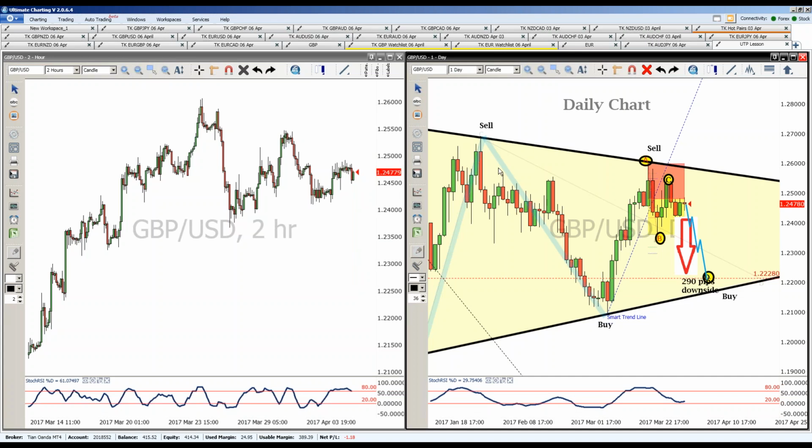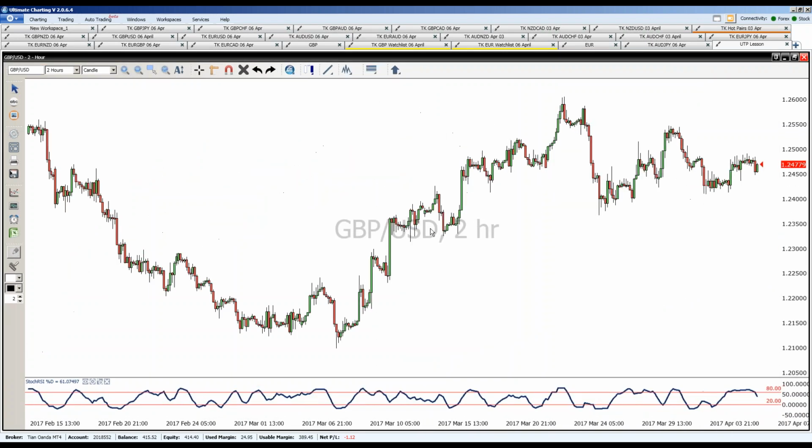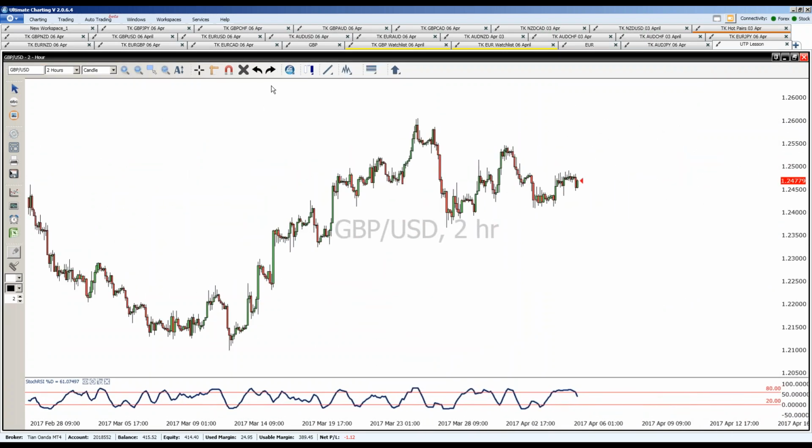Okay, now let's go and have a look at the 2-hour chart. Now, we do have an uptrend line that was broken to the downside. So I'm going to draw that uptrend line over here. That one confirmed the bounce at pennant resistance. And now we can see that we have a crown over here.